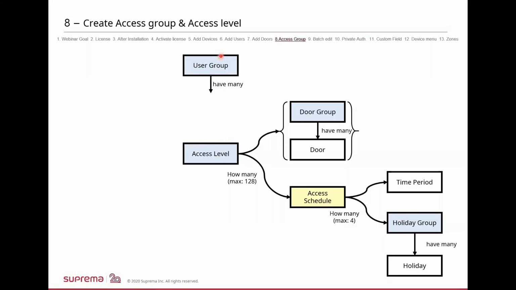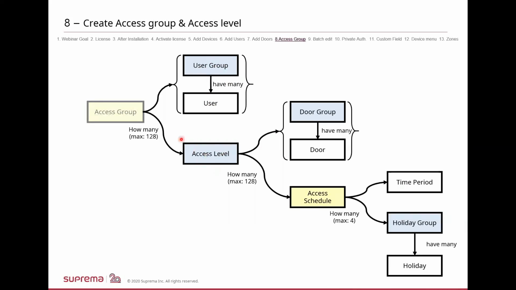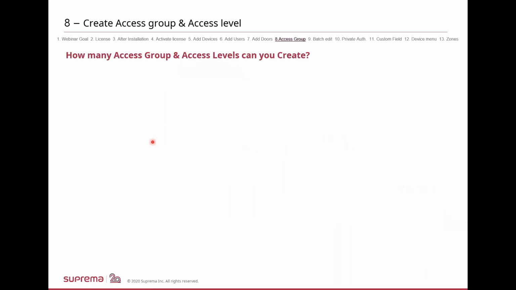If you remember that user group has many users, and if we combine user group with access level, this will make for us the access group. So as a reverse engineer, time period with holiday will make schedule, schedule with group of doors will make access level, access level with group of users will make access group. How many access levels can be inside one access group? 128. I do believe this is clear, and during the demonstration it will be more clear.